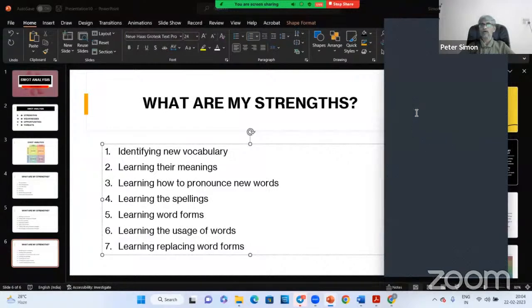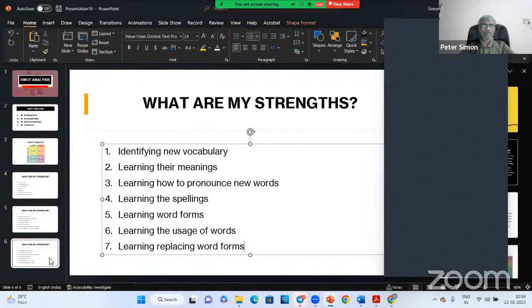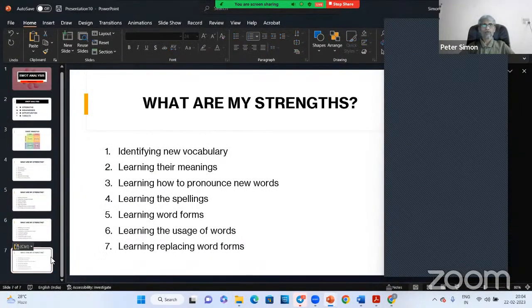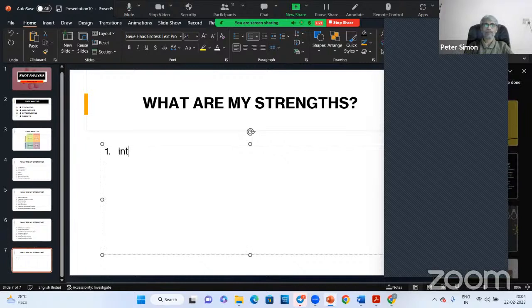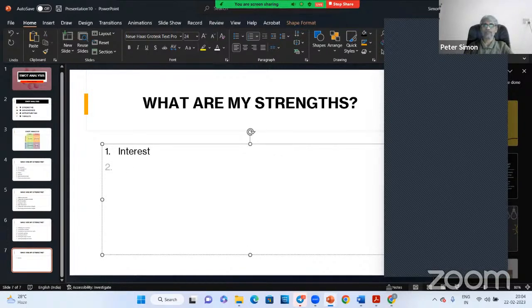Then next one, Anjana Yadav. So now let us see some more positive points. Interest. I have interest. I motivate, I'm self-motivating. This is called intrinsic motivation.